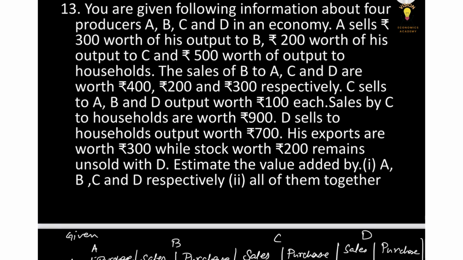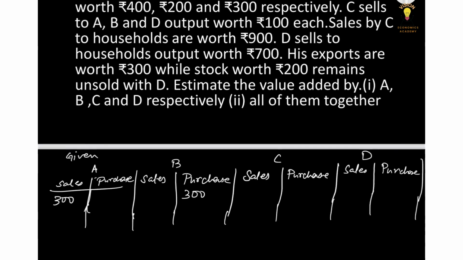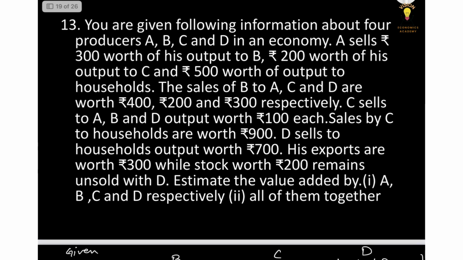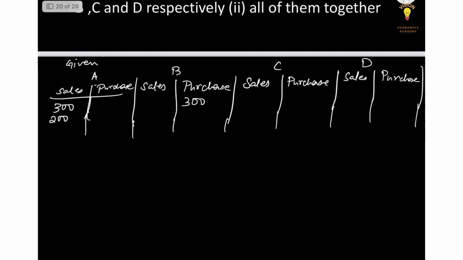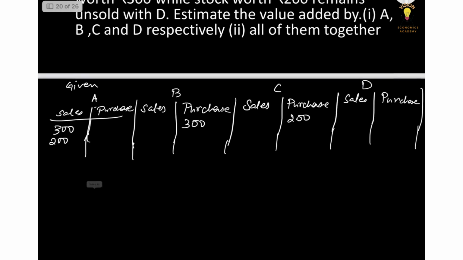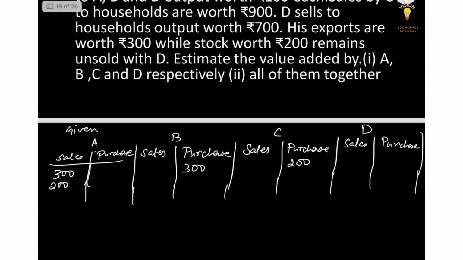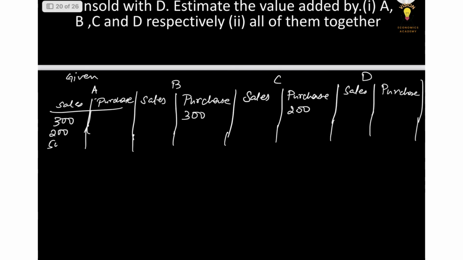So this is all that is sold by the firm A. That means firm A sells an additional 200 worth of goods to C. So it becomes purchase of C, right? Then 500 worth of output to household, so it only gets added in the sales. Okay.